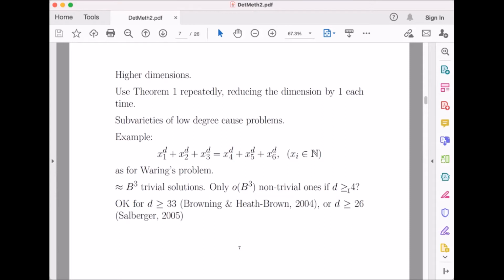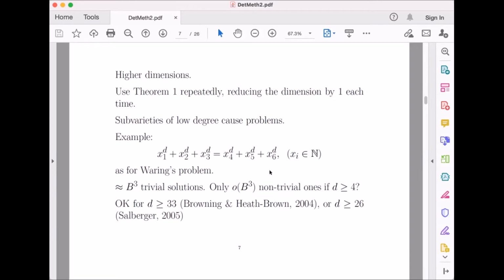So here's just one example that has been studied. The case of equal sums of 3 d-th powers. So this is with positive x_i's. And this is of interest in connection with Waring's problem, potentially. Now, there are trivial solutions in which x1 to x3 are a permutation of x4 to x6, so that gives B cubed solutions.